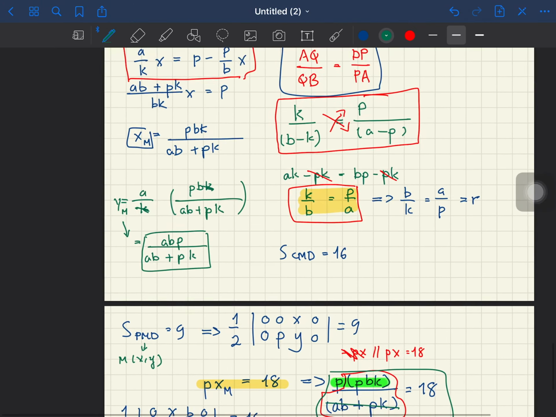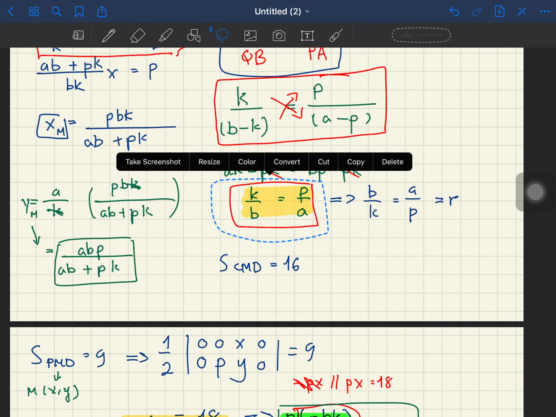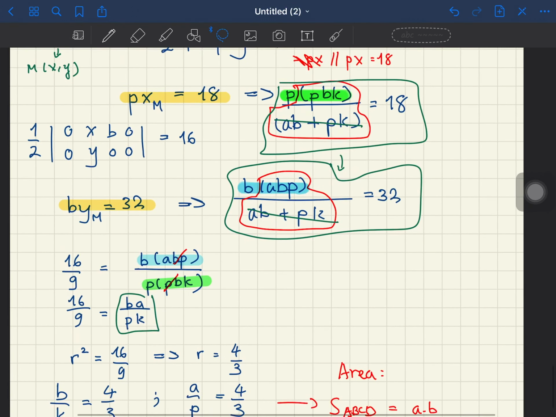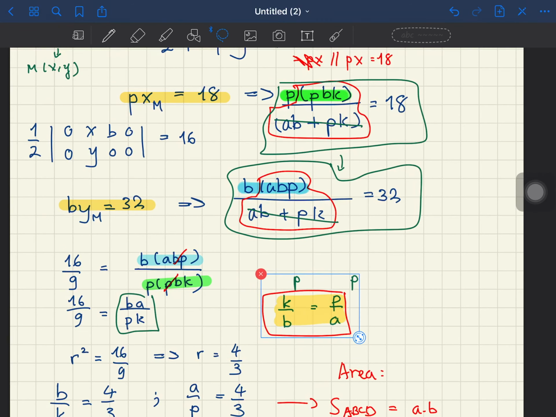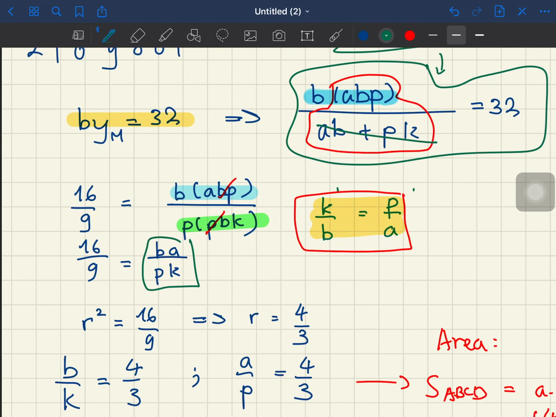So look at this equation, which is this yellow highlighted one. I'm gonna copy it back down. Okay, so as you can see, you have this yellow thingy here, which is gonna help you right now.